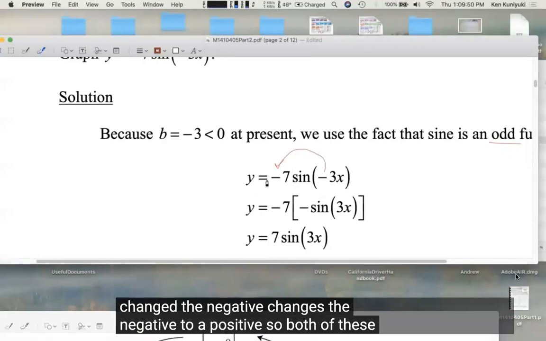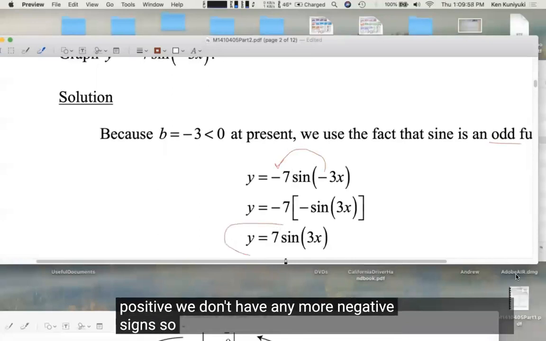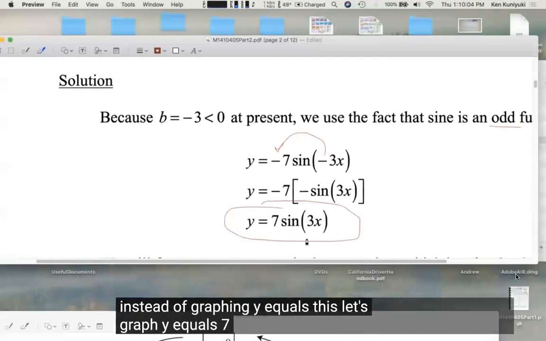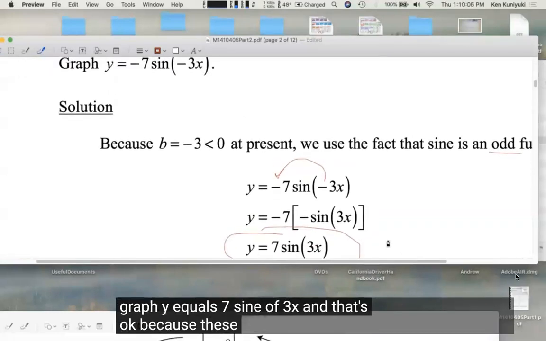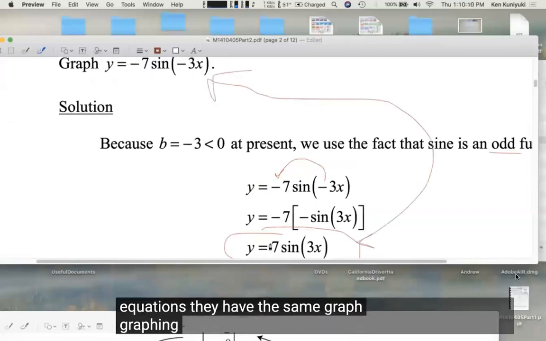So both of these basically knock out. We don't have any more negative signs. So here we have an easier problem. Instead of graphing y equals this, let's graph y equals 7 sine of 3x, and that's okay because these are equivalent equations. They have the same graph. Graphing this is just as good as graphing that. It's the same graph.